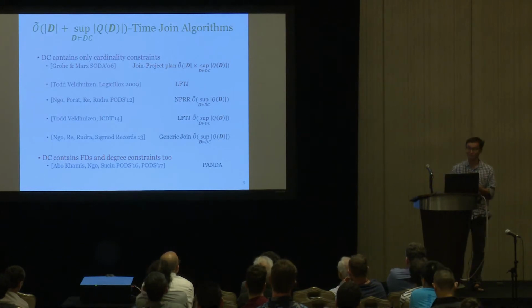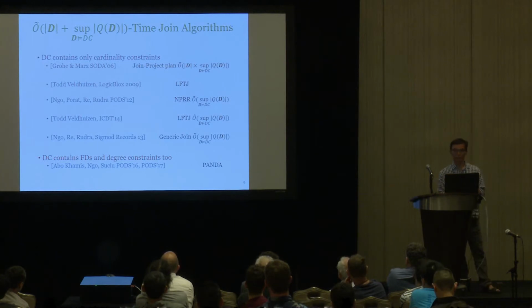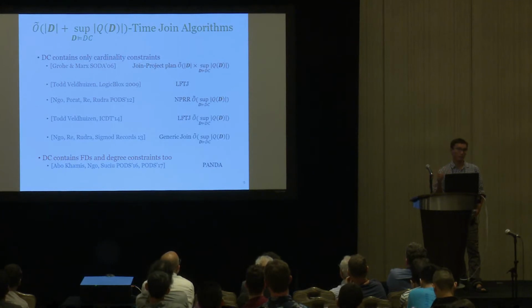So not to be outdone, he came back and looked at his algorithm and finally proved that it's also worst case optimal. However, the first set of results were only on the simple degree constraints, namely cardinality constraints. There was no worst case optimal algorithm for functional dependencies or degree constraints.